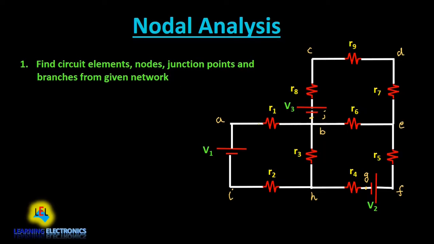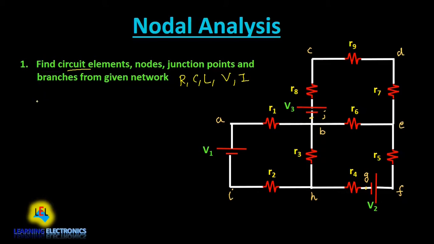So here we have to find out the circuit elements first. Circuit elements are resistors, capacitors, inductors, voltage sources, current sources. Here only resistances and voltage sources are given. Let us count how many resistors are there: R1, R2, R3, R4, R5, R6, R7, R8, R9.